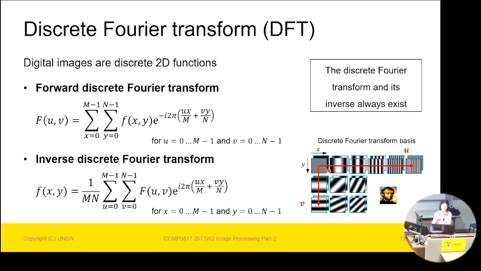The actual way of doing the computation is different, but the meaning and the formulas themselves are not much different. So this one is showing that eventually when you reach u equals m minus 1, you want to find out how much information there is at a very high frequency, and now we are using m minus 1 rapidly changing sine waves to cover the whole image.